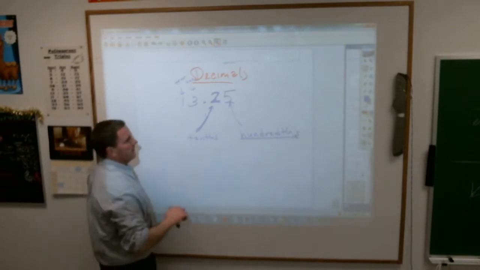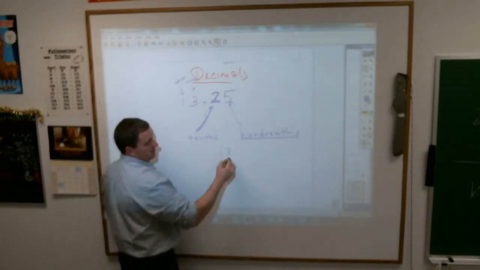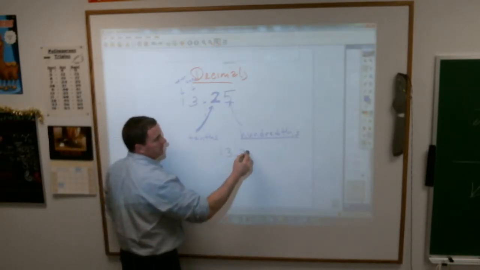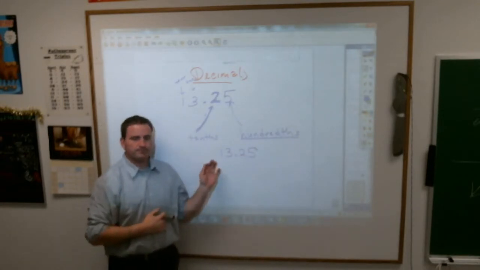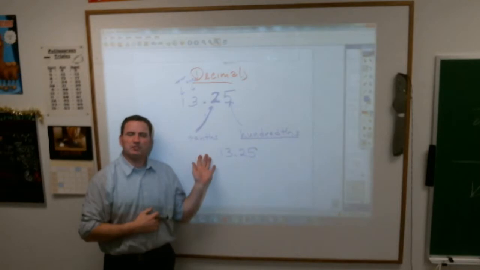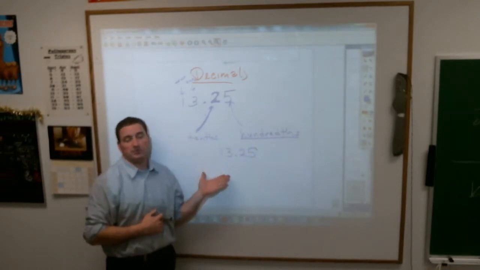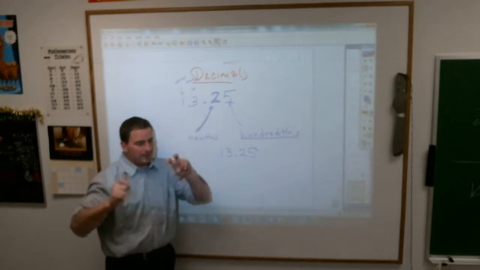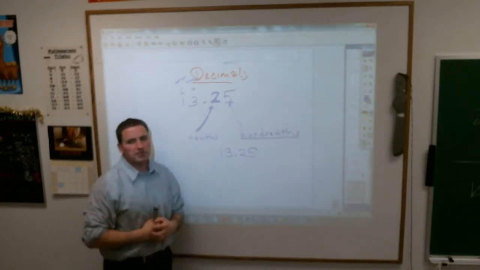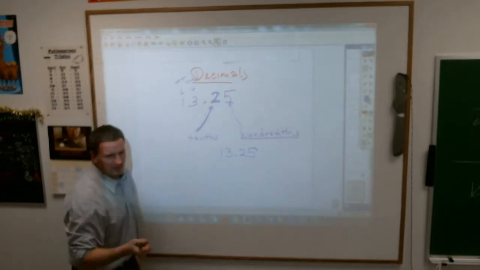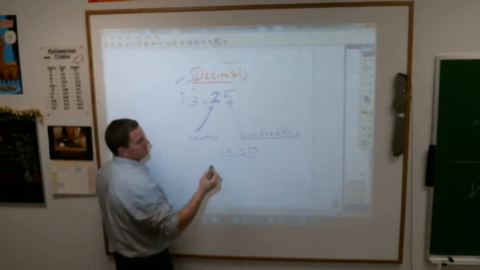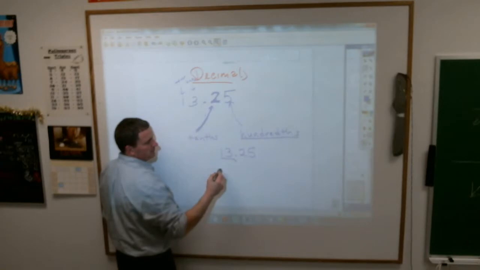Bingo. Now, if I have this number here, 13.25, how do I say that number? If I asked you to say that out, I won't let you say the point. You have to say it in the grammatically correct way. Does anybody know if we talked about this before? Isabel? 13 and 25 hundredths.